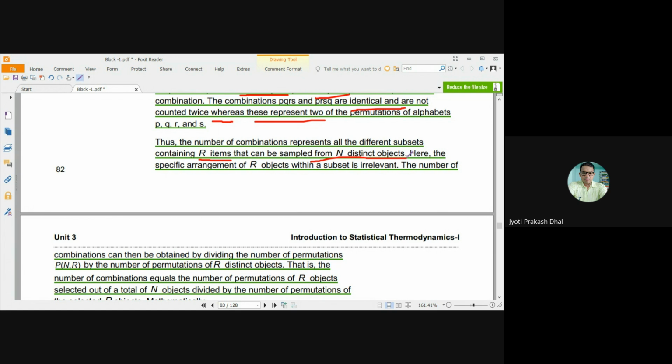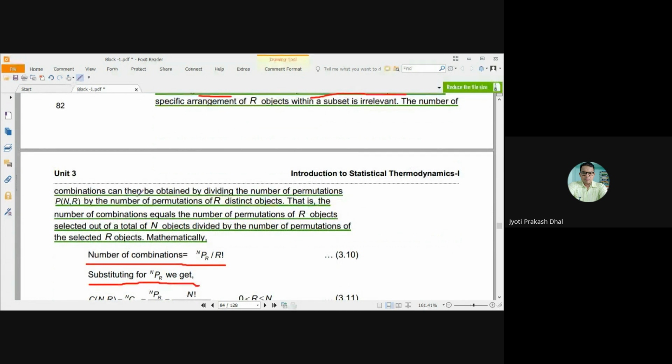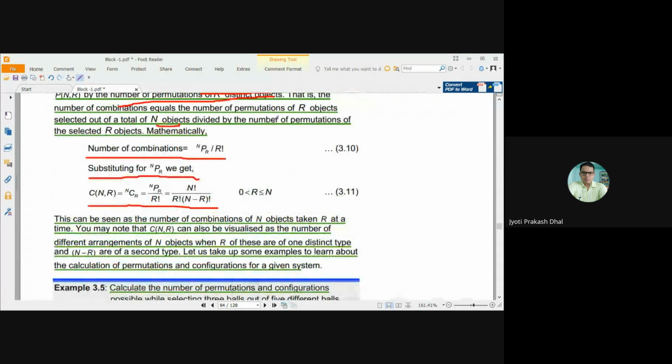So here, the specific arrangement of R objects within the subset is irrelevant, and the number of combinations can be obtained by dividing the number of permutations, NPR, by the number of permutations of the R distinct objects. That is, the number of combinations equals the number of permutations of R objects selected out of the total N objects, divided by the number of permutations of the selected R objects.